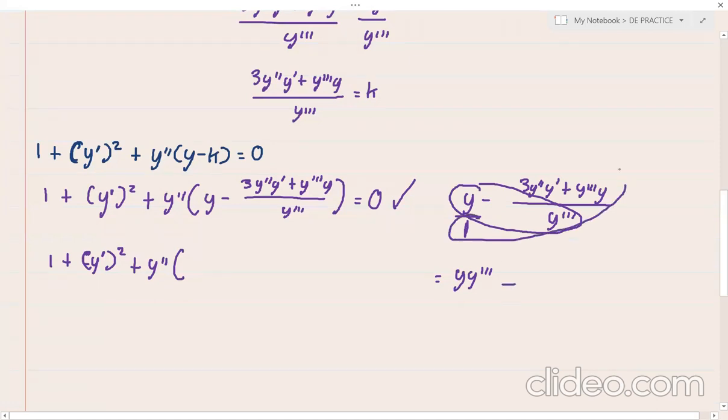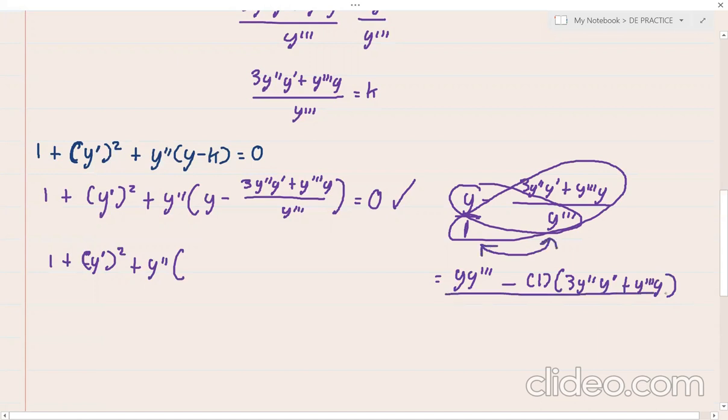Tapos 1 times quantity 3y second prime times y prime plus y third prime times y. And lastly, multiply the denominators. So 1 times y third prime, meron tayong y third prime.